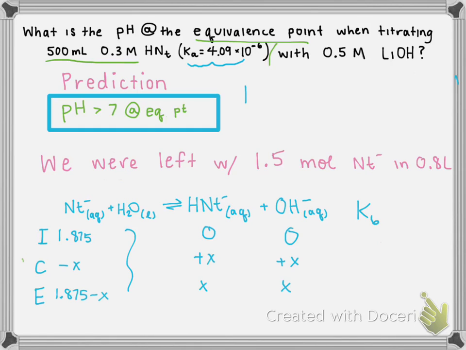So we know Kw is equal to Ka times Kb. So Kb will be equal to 1 times 10 to the minus 14 divided by 4.09 times 10 to the minus 6, giving us a Kb of 2.44 times 10 to the negative 9th.